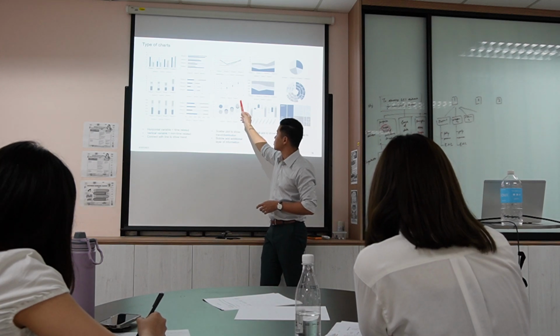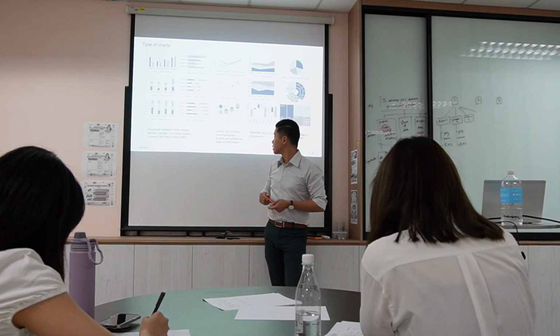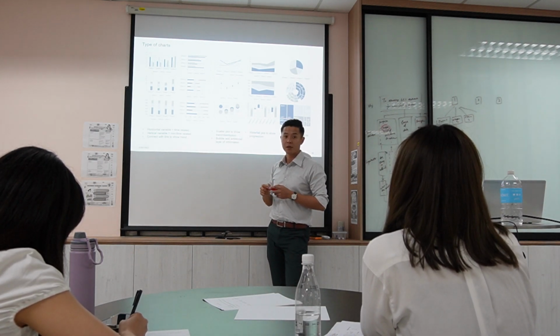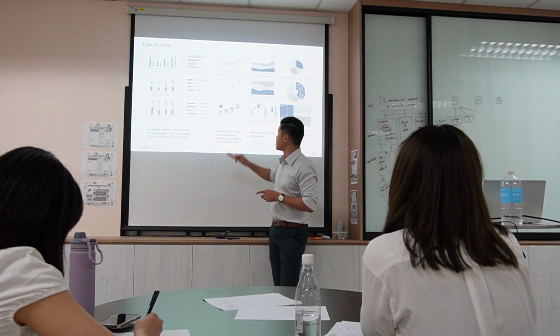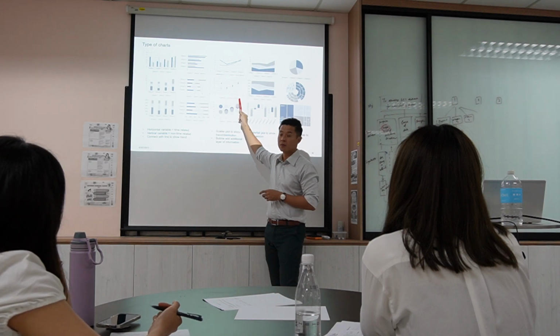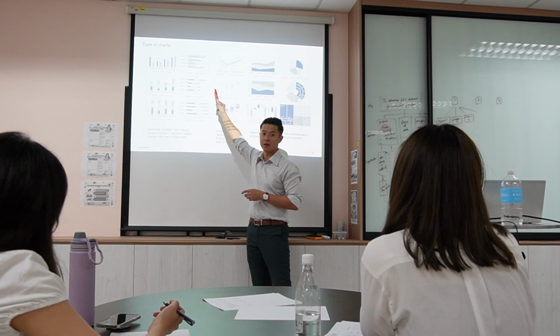The scatter plot, of course, can be used to plot distribution as well, because it really shows the actual scale of the input variable and also the output.